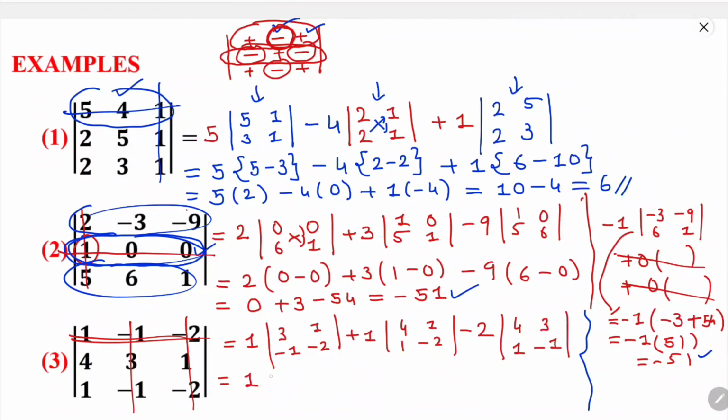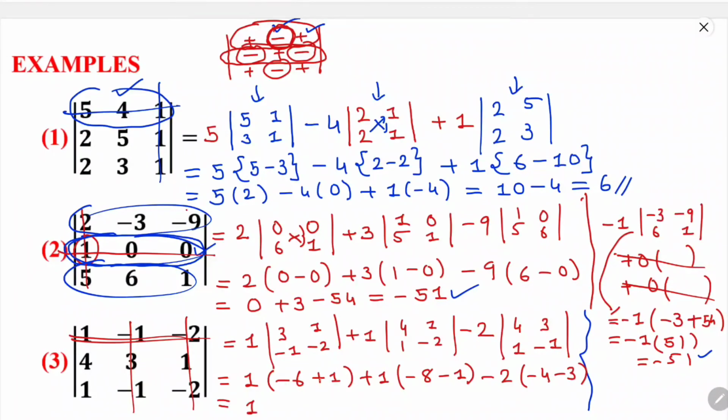So 1 3 2s are 6, 3 into minus 2 which is minus 6, minus 1 into 1 which is minus 1, but minus minus plus 1, plus 1. 4 into minus 2 minus 8, 1 into 1 is 1, but minus 1, minus 2 minus 4 minus 3.